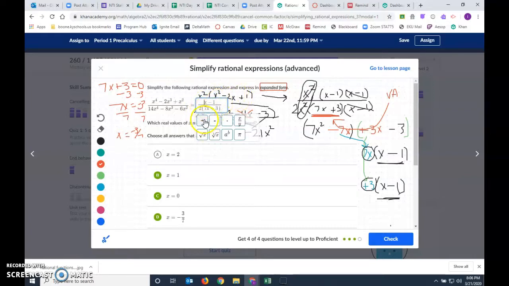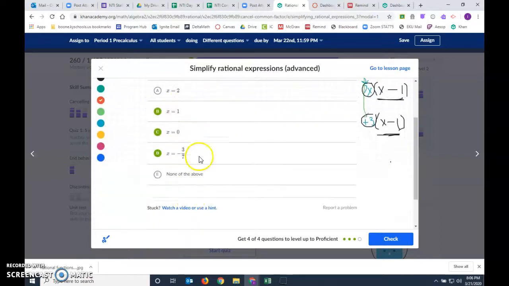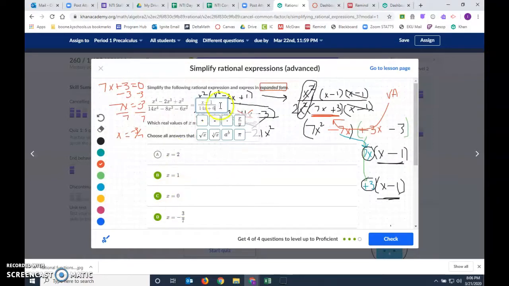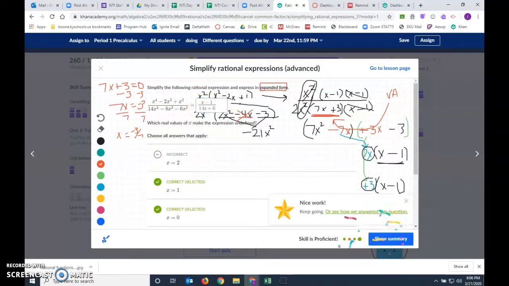So I can get rid of those parentheses, and that means I actually need to distribute this 2. That makes this 14x plus 6, because that 2 will distribute into the 7x, and it will distribute into the 3. And now that we have selected all the values that make this thing undefined and expanded it, we're done.